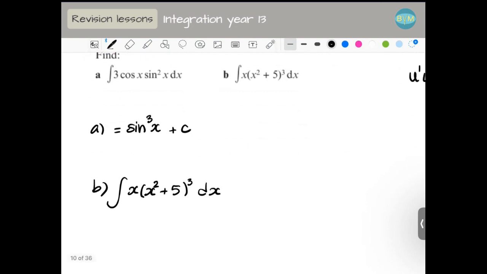I have a function to the power of 3, and then the derivative of the function, just missing the 2, which means I can integrate that as function to the power of 4, so x squared plus 5 to the power of 4, so one more, divided by the new exponent, 4, and divided by the 2 that I have here missing, yeah? So I will have an 8 in the denominator.